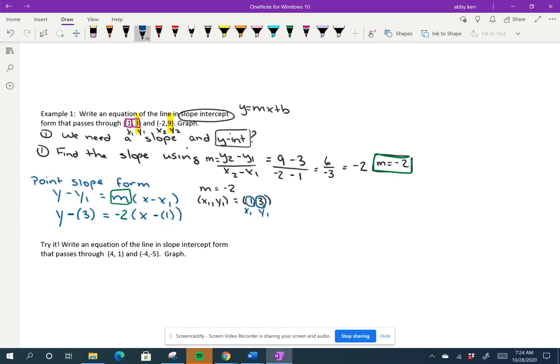And then from here, we're just going to simplify. y minus 3 equals negative 2, parentheses, x minus 1. So right here, this is point-slope form.